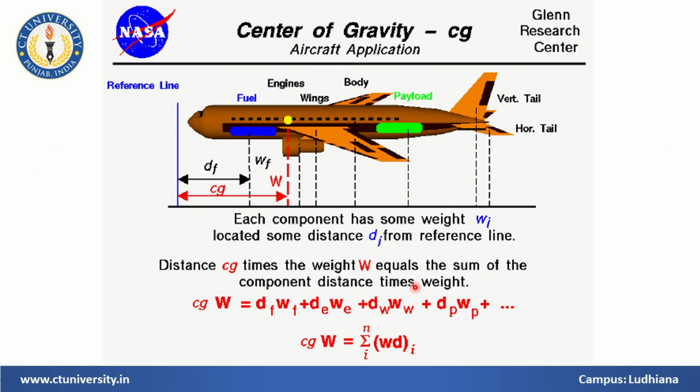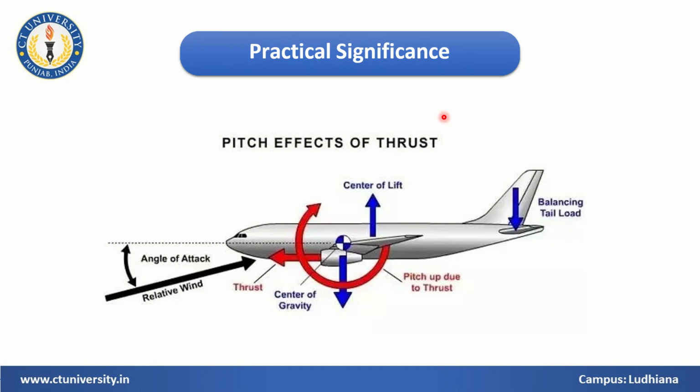In aircraft applications also, the point where CG lies is very important. Location from the front, from the back, from the center. So it decides a lot of things regarding the flight, right? It will decide the balancing, the drift or the draft that the aeroplane will have. So it will decide a lot of things, right?